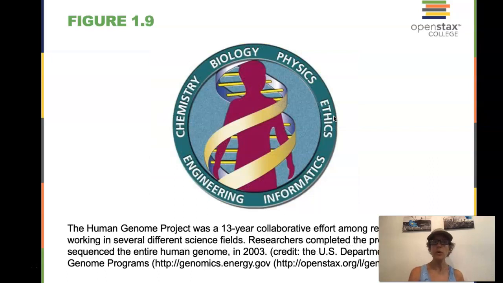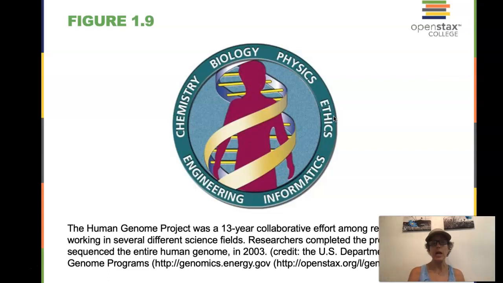And the Human Genome Project, right? Chemistry, biology, physics, ethics, engineering, all of those had to come together for us to be able to extract human DNA, be able to determine the sequence of the particles in that DNA, and those are what will make up the genes, which are the specific regions in the DNA that encode for particular traits or characteristics.